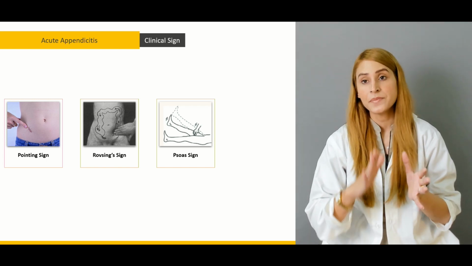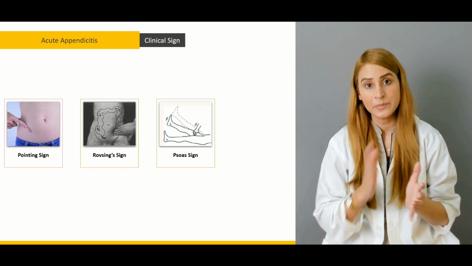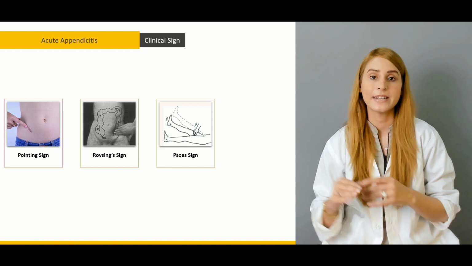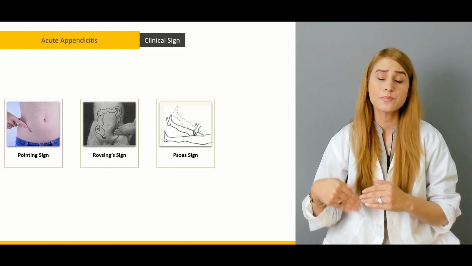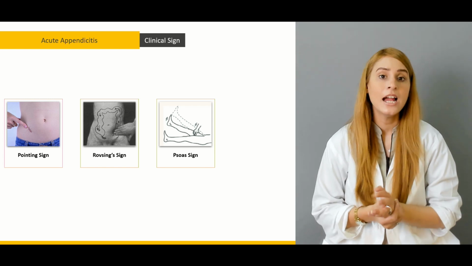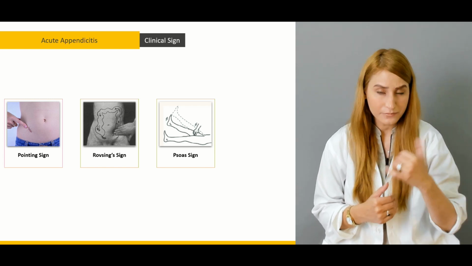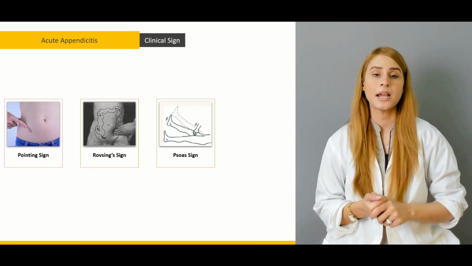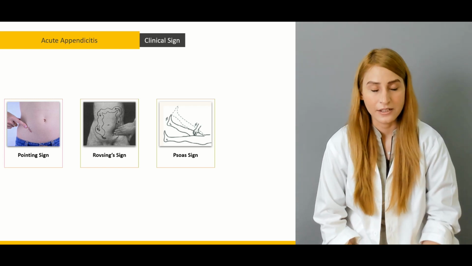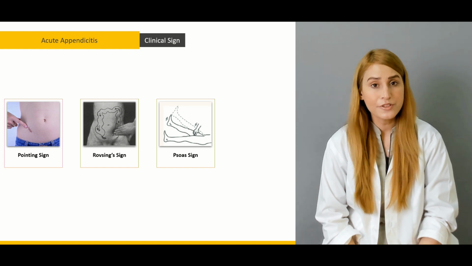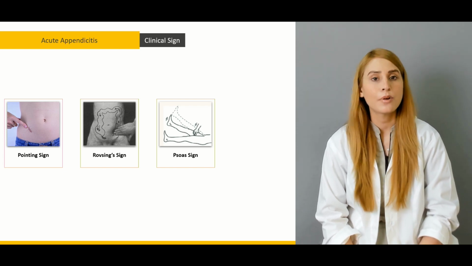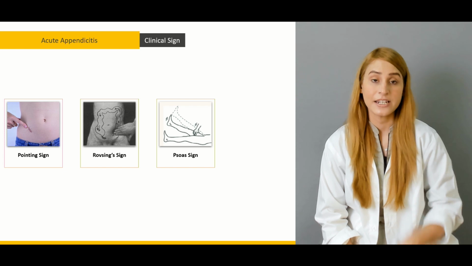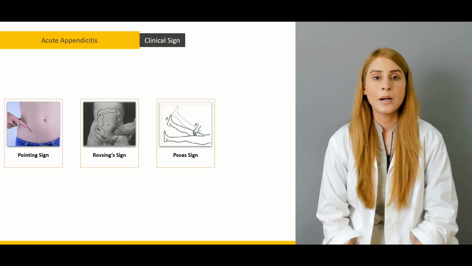You have to examine the abdomen in quadrants, and whenever the patient is pointing you to the right iliac fossa, you do the superficial palpation and then the deep palpation, and sometimes there's tenderness at the superficial palpation, and then tenderness at the deep palpation, right?